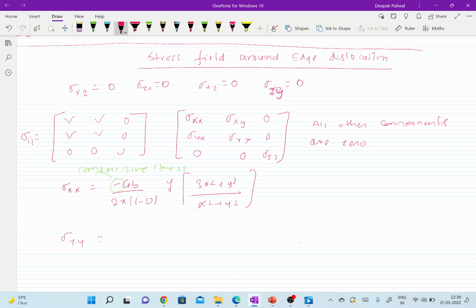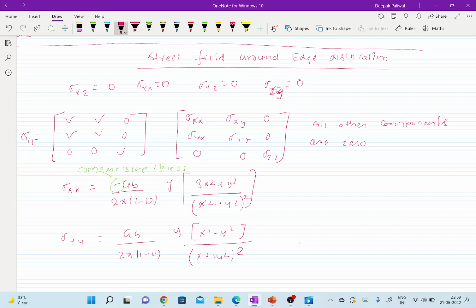Again, sigma yy is Gb over 2 pi (1 minus nu) times y(x square minus y square) divided by (x square plus y square) whole square.